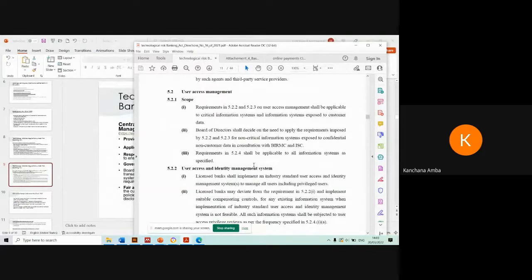Under the Banking Act, there is another provision you all may have learned. It is the provision for confidentiality in the Banking Act. As bankers, you all must know this. It's something that you sign in when you join a bank.